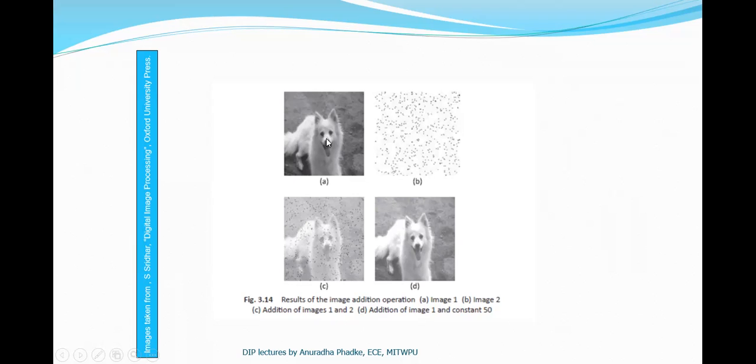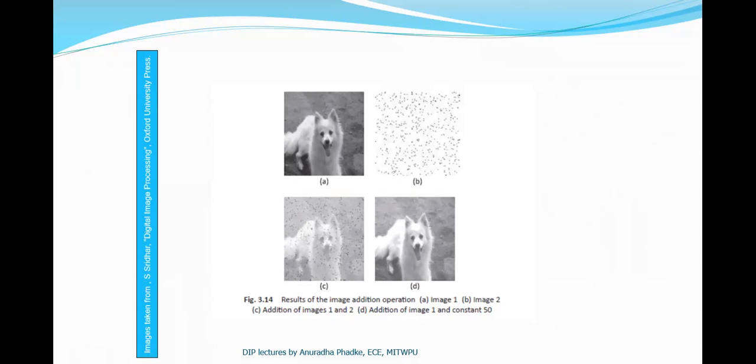As we are adding some number to each and every pixel value, every pixel becomes brighter than the original. That's why your resultant image displayed in figure D is brighter than the original image A. So these are examples of applying the addition operation on the given image.